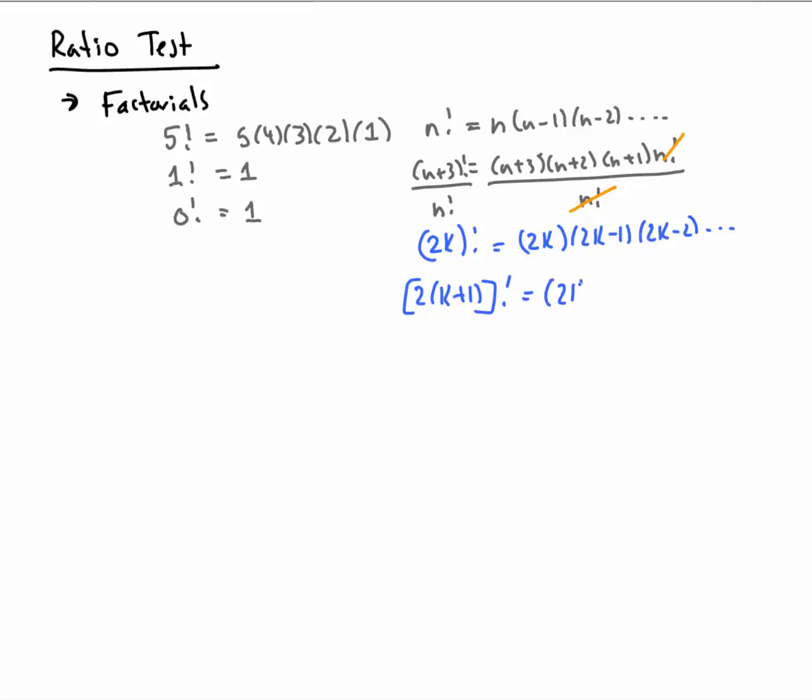So simplifying, this would look like 2k plus 2 factorial, which is 2k plus 2, 2k plus 1, 2k, and if we wanted to write that, that's 2k factorial from there. Now, one quick note, 2 times k factorial does not equal the quantity 2k factorial. These will all be clear when we start writing out some of these tests.